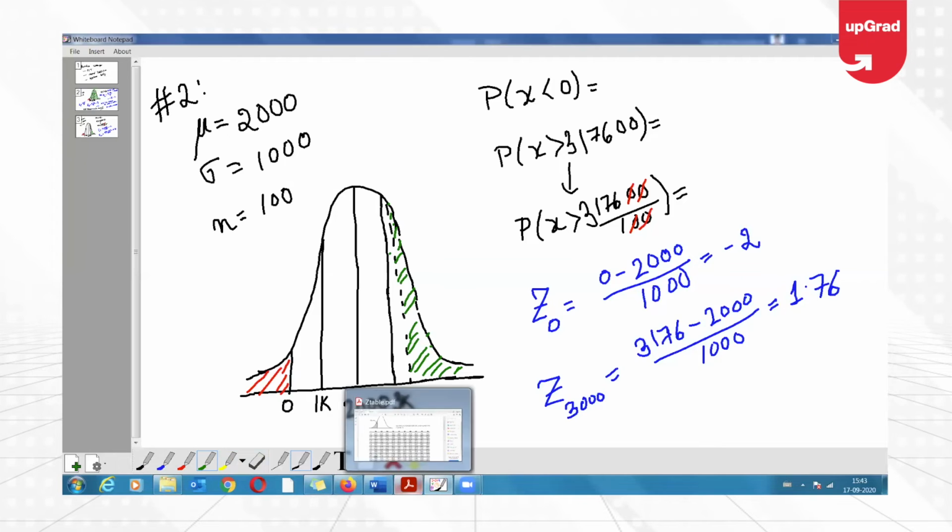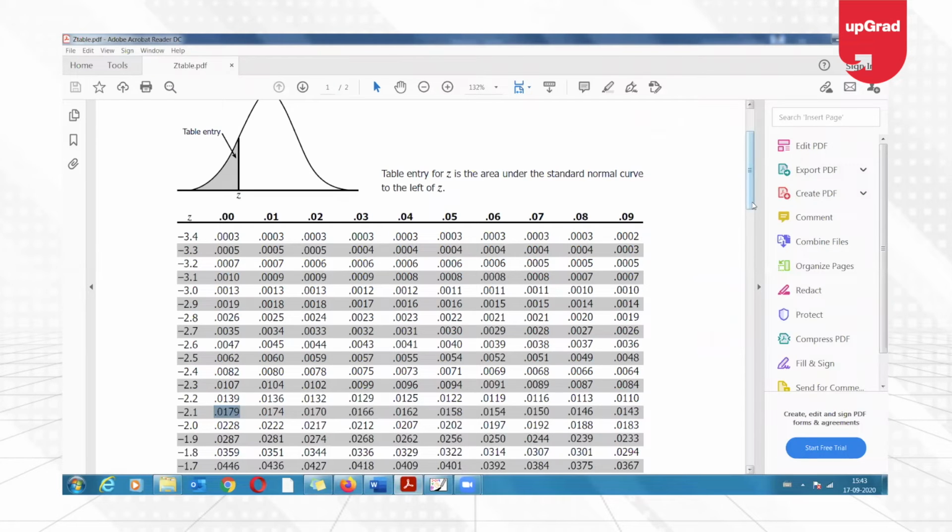So now let's come here. -2. Same, 0.228.